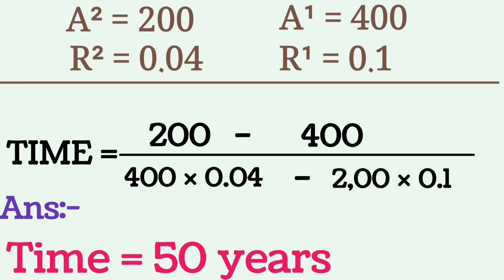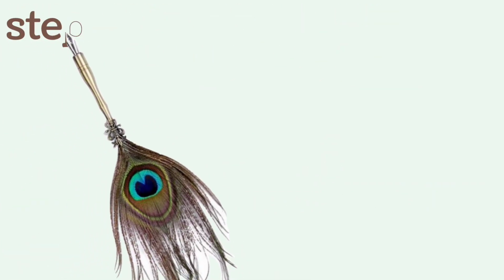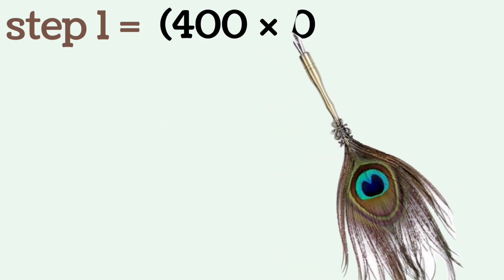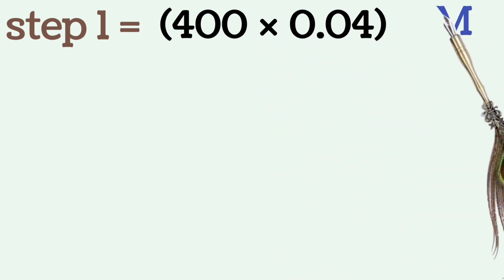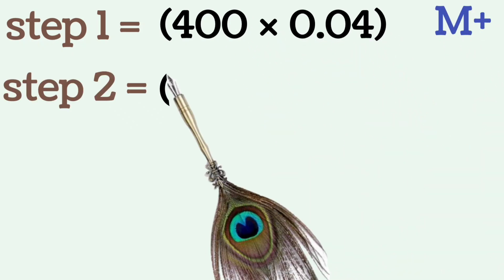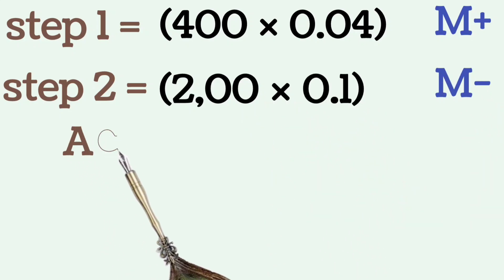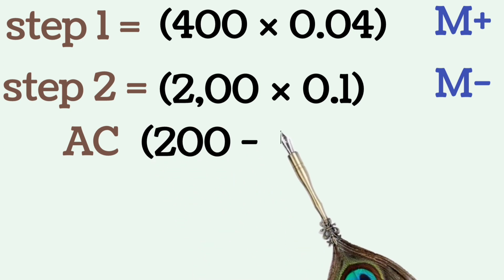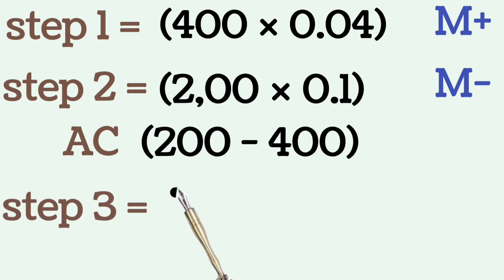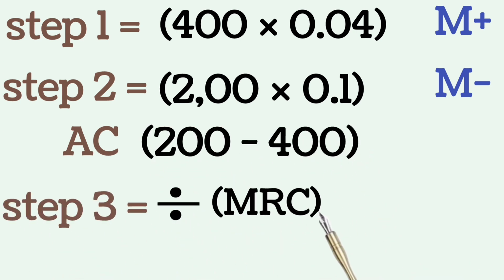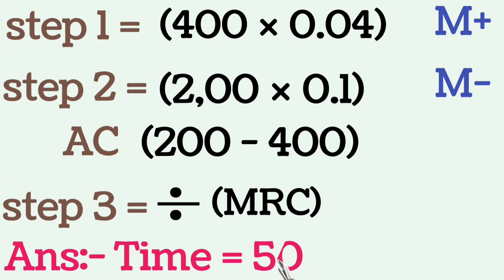For these types of questions, we go with the second half of the solution: 400 into 0.04, keep it in M plus, then 200 into 0.1, keep it in M minus, press the AC button, calculate 200 minus 400 and divide it with MRC, and we get the time as 50 years.